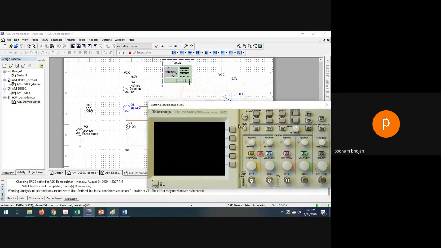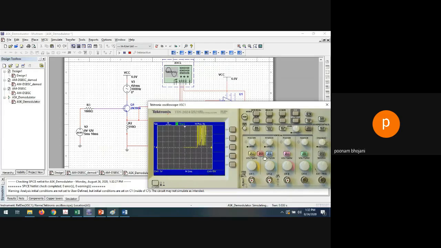So let me power on first. Let me show you channel 1, channel 2, channel 3. And let us set the position also.